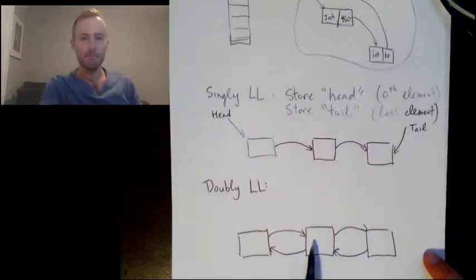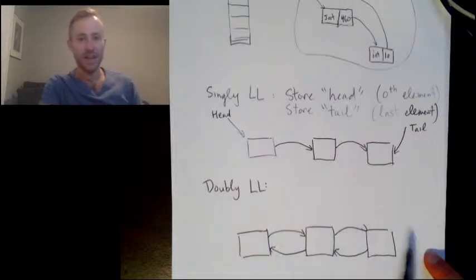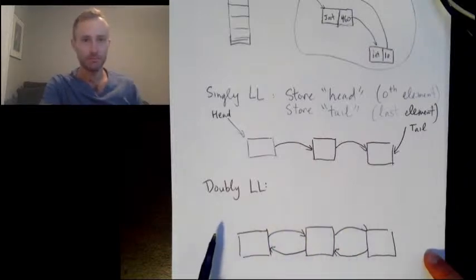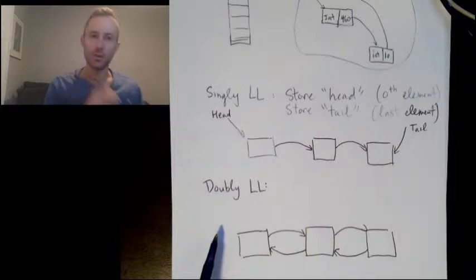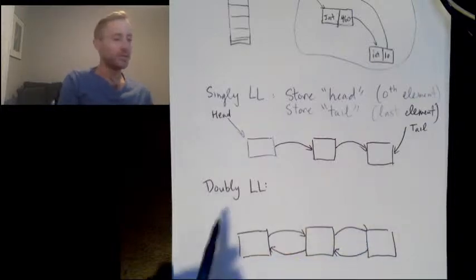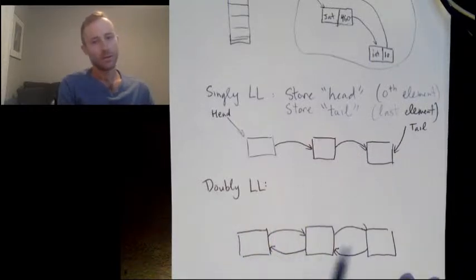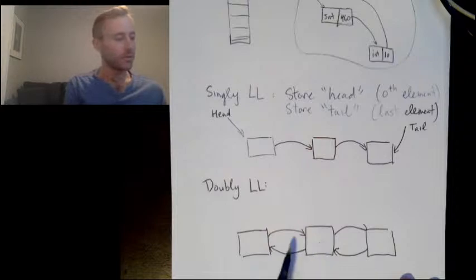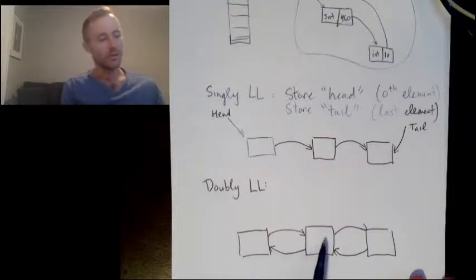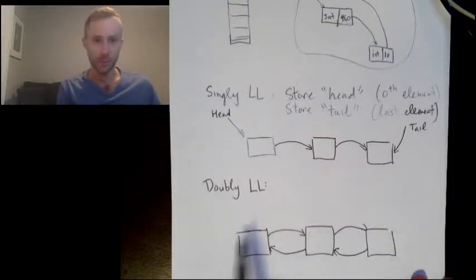But for the doubly linked list, you're storing the next element and the previous element. Okay, so the advantage of a doubly linked list is that you are able to traverse it forward and backward.